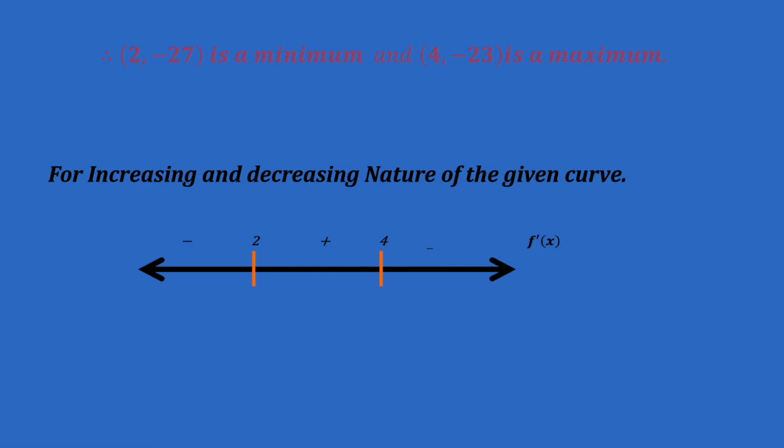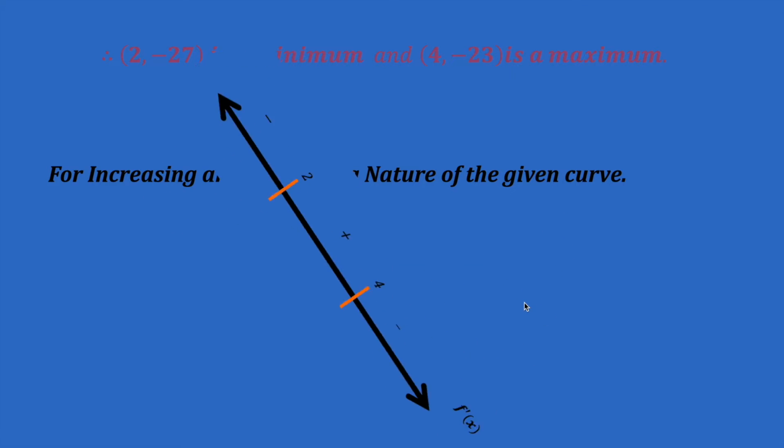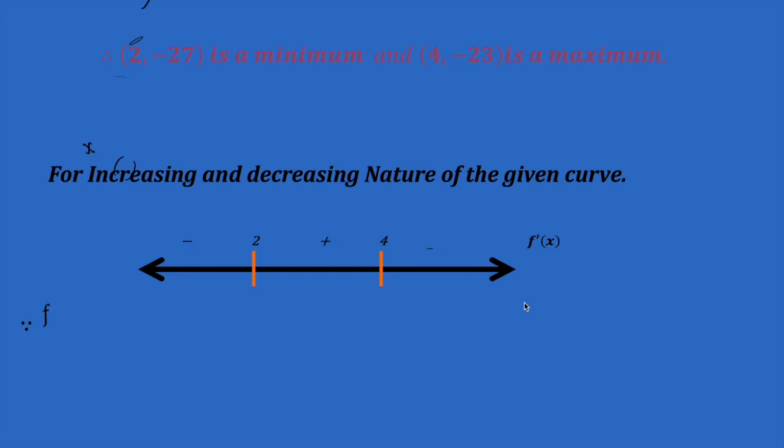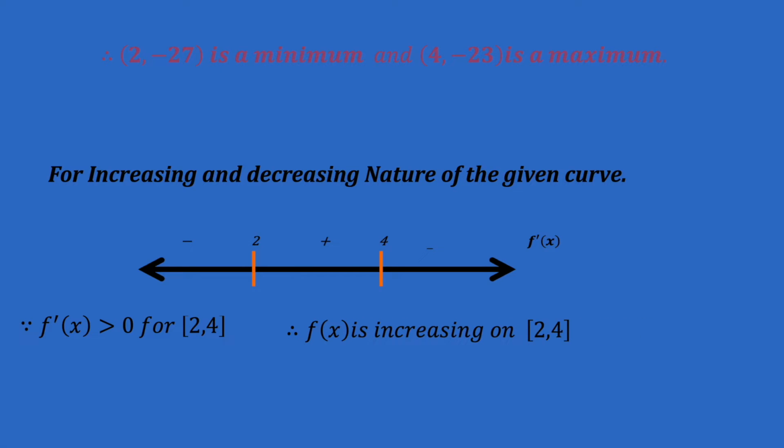So for increasing and decreasing nature of the given curve, we again will use the sign diagram of the first derivative. We can see the gradient in between 2 to 4 is positive, so we can say that the curve is increasing on this interval.